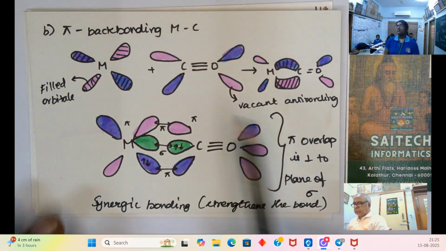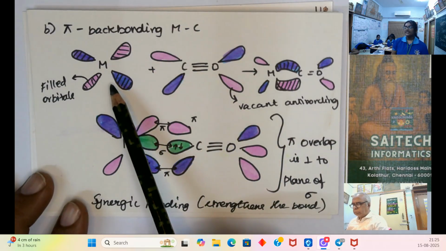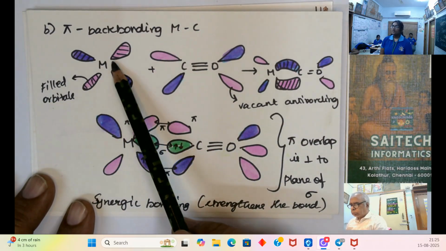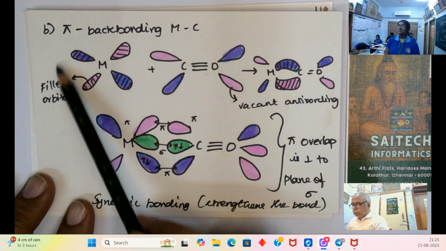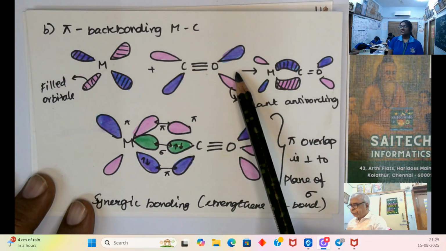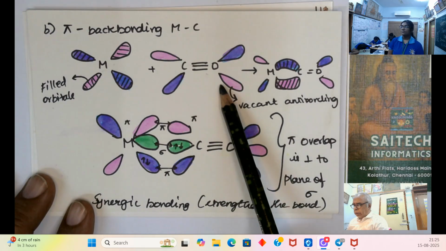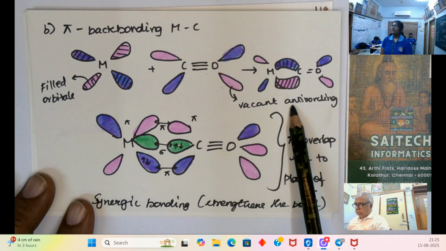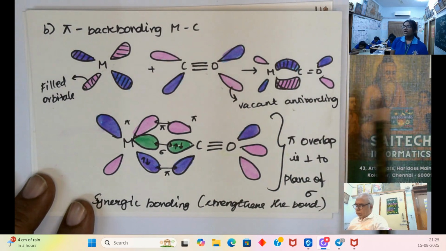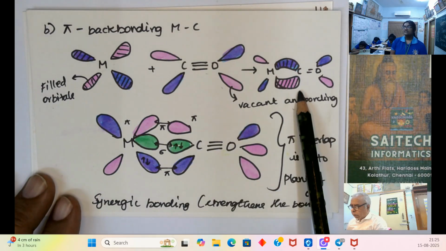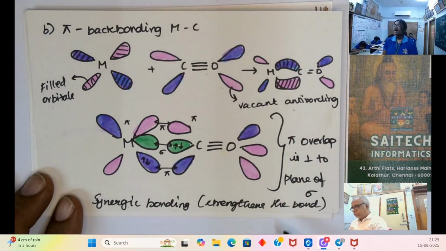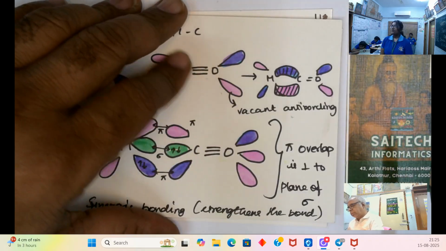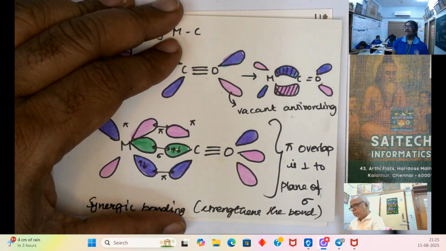This is the pi bond, back bonding from metal to carbon: filled orbitals of the metal donate into the vacant antibonding orbital of carbon monoxide. This is also called synergic bonding, which strengthens the bond. Pi bond overlap is perpendicular to the plane of the sigma bond.